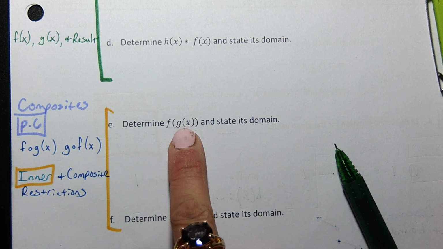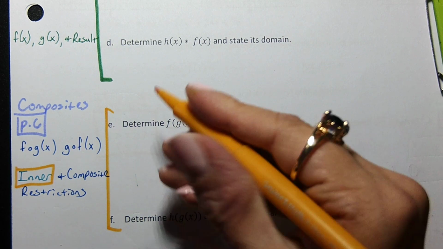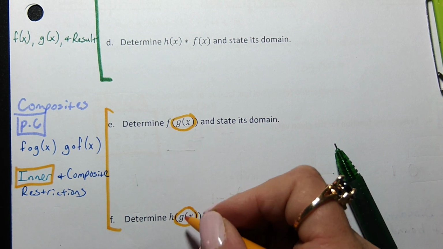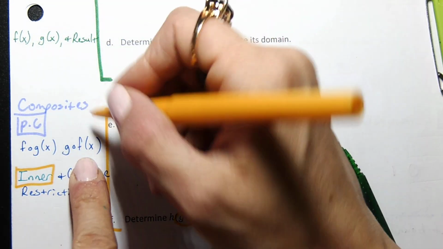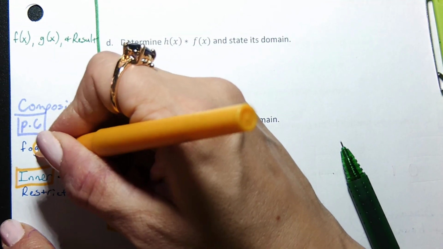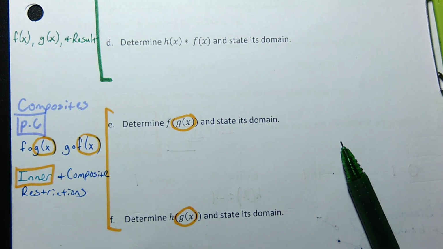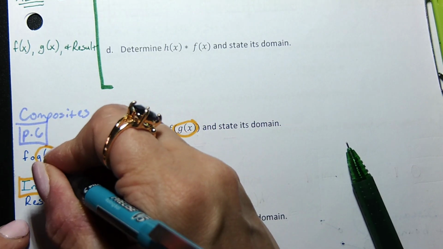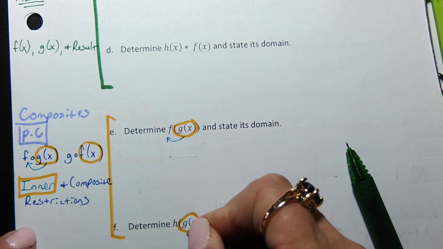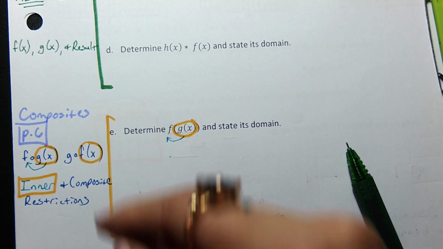Who's our inner function on problem E? G. Who's our inner function on F? G again. Over here, f is my inner function, so again, not as intuitive over here. And g is my inner function. And the inner function is whichever one you are plugging in for the input of the other function.